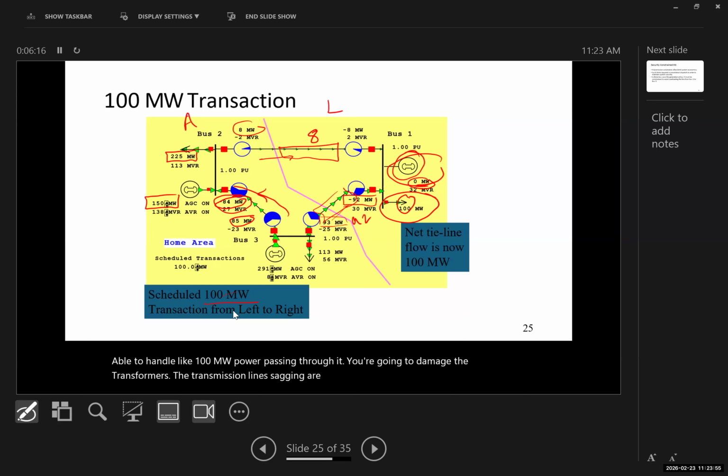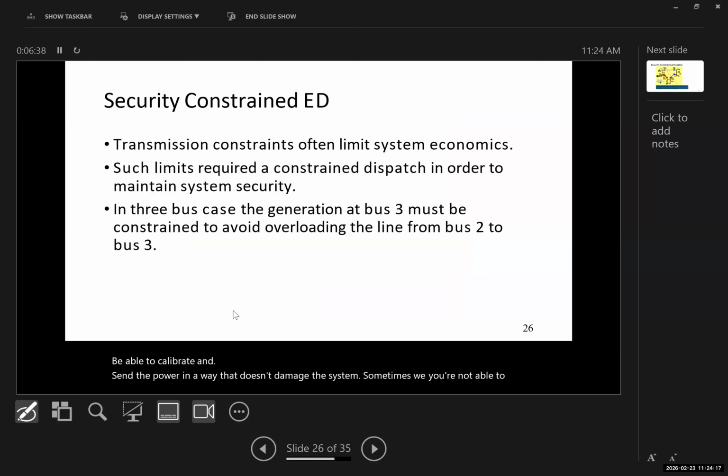So it's not like, oh, bus one, I need 200 megawatts and we're going to flip a switch and give it to him. It's not going to work that way.